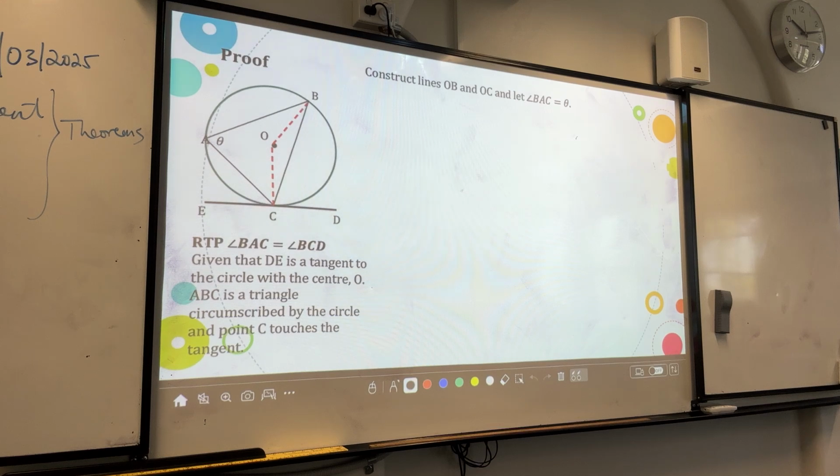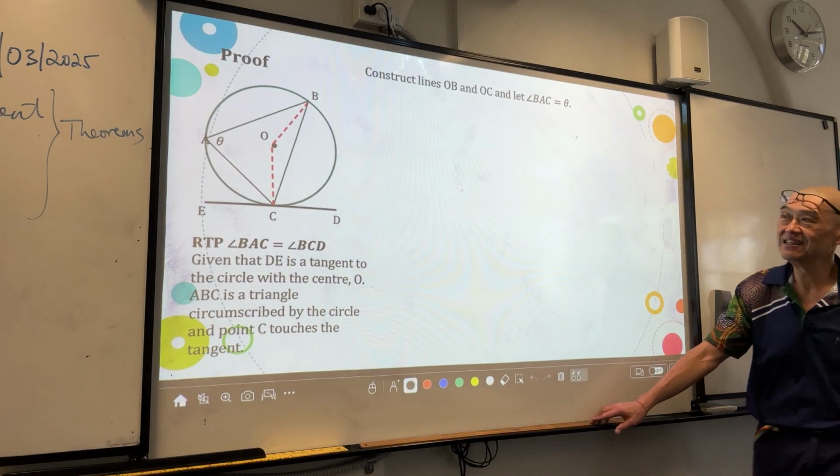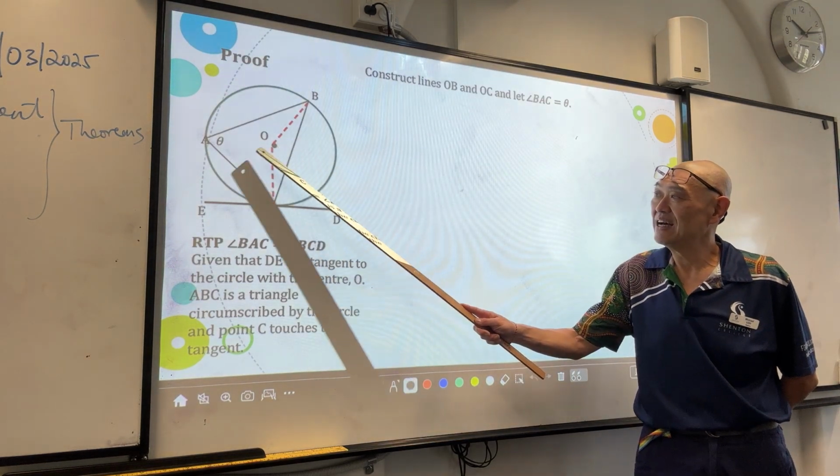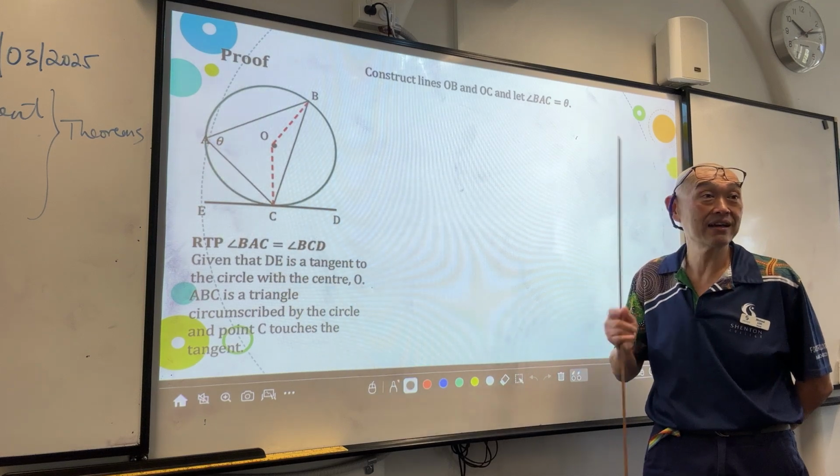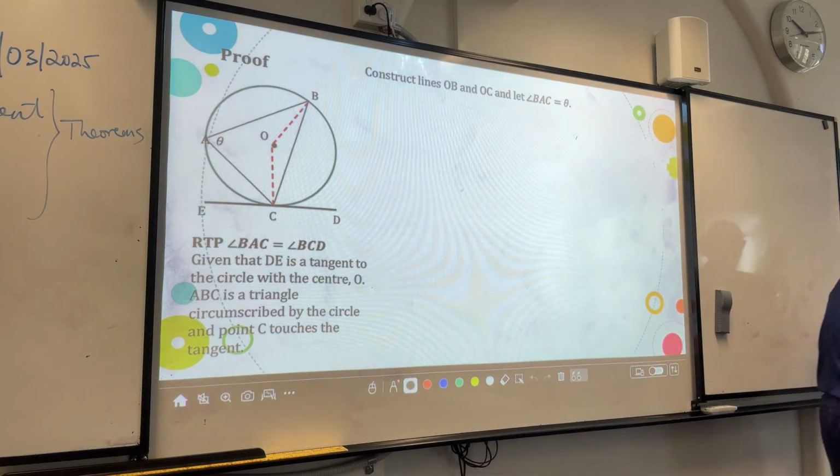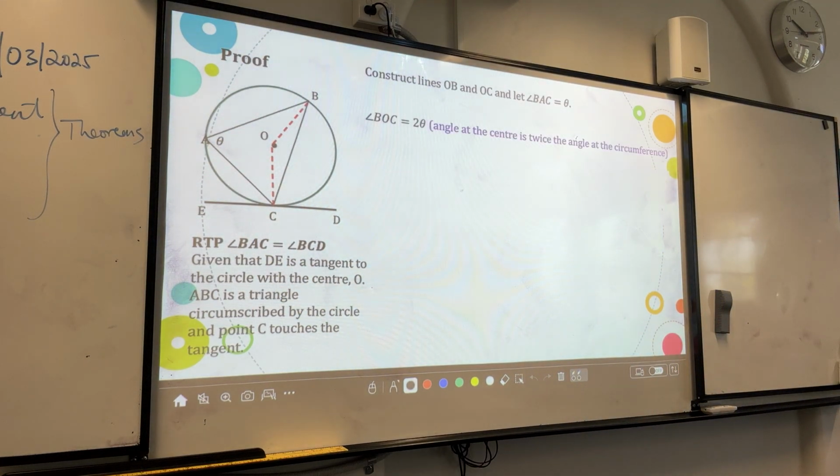Once you've done that, what's next? You would realize that the angle here is twice the angle there, correct? That is what we've learned. So angle DOC is 2 theta. Angle at the center is twice the angle at the circumference.